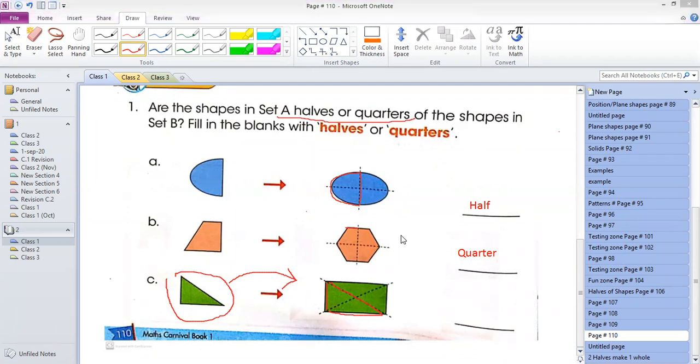Is it clear, guys? Yes, half, sir, not quarter. That's very good. So write half here. Write half.